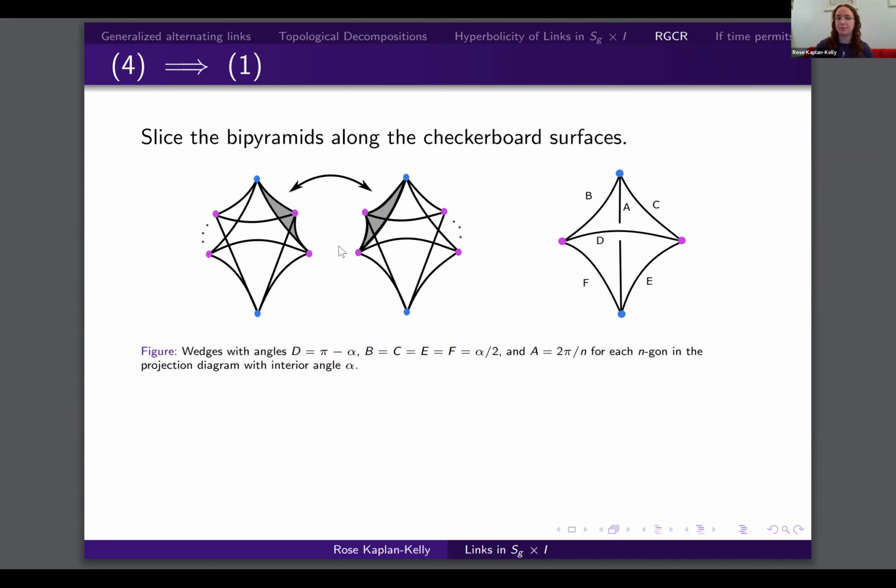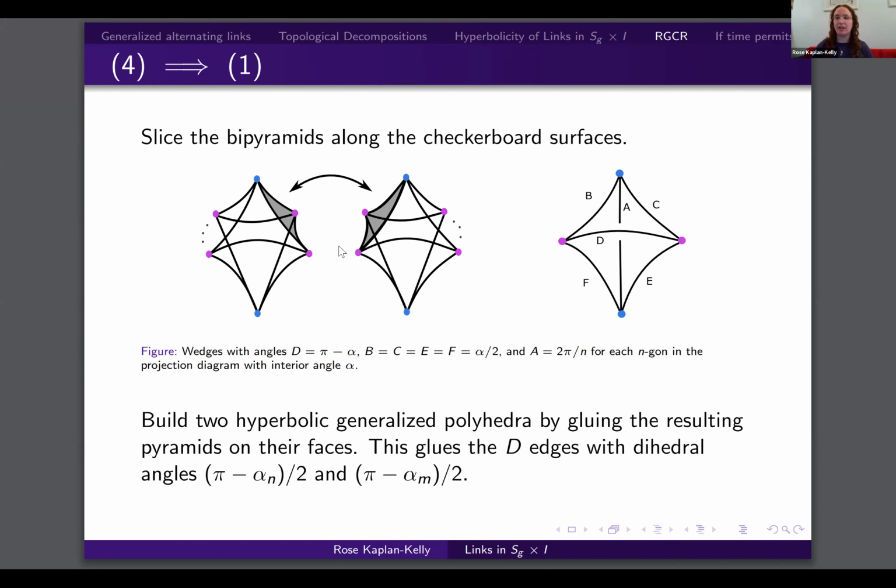While doing so, we're slicing along this edge D, so we're taking half of its dihedral angle. And that dihedral angle is in terms of the interior angle of the face that it was built on. So we know that all of these pyramids are going to have this dihedral angle (π − α_n)/2 and (π − α_m)/2, where α_n is the interior angle of this regular n-gon, α_m is the interior angle of this regular m-gon.